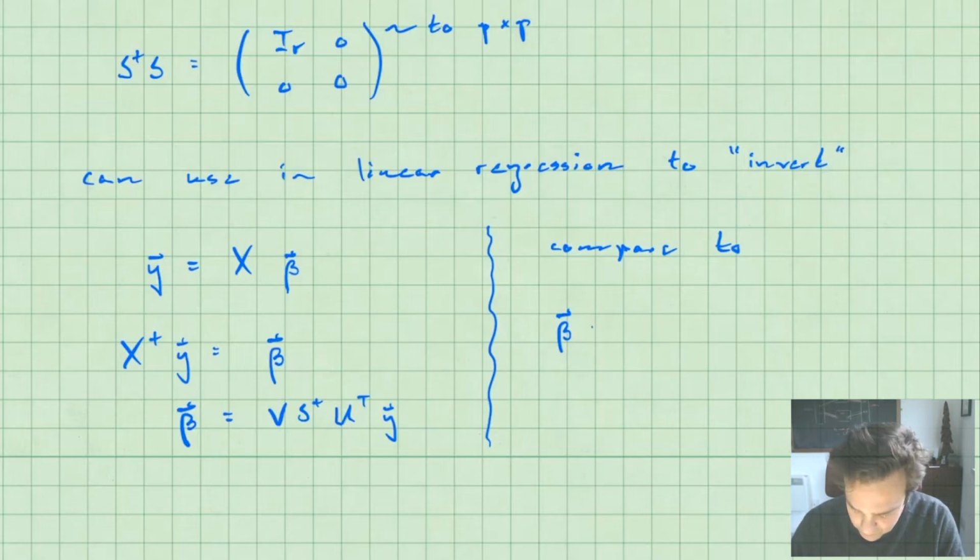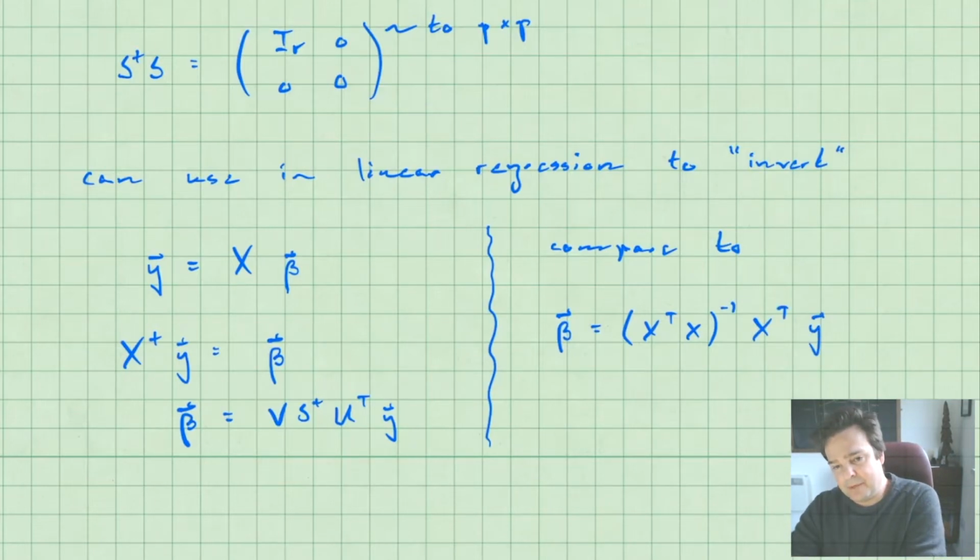If you look back to an earlier lecture, we did this. You have X transpose X, inverted, times X transpose y. Now that's fine, but to do it, you have to invert this matrix.